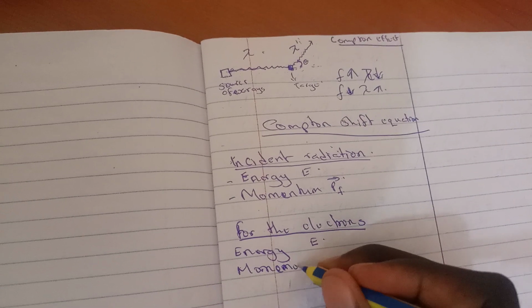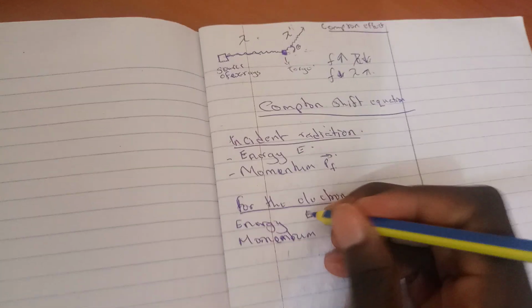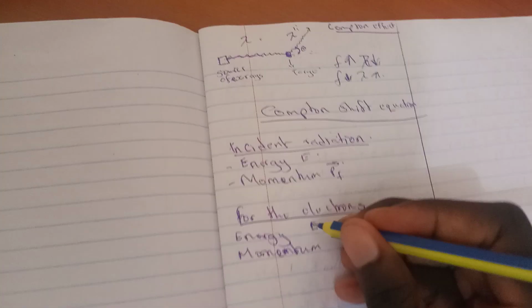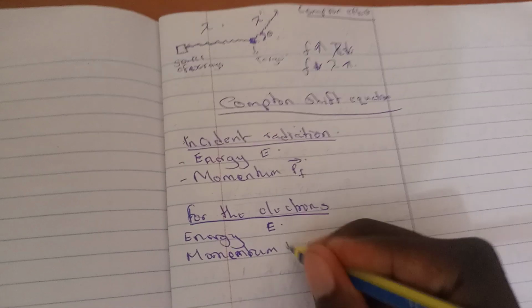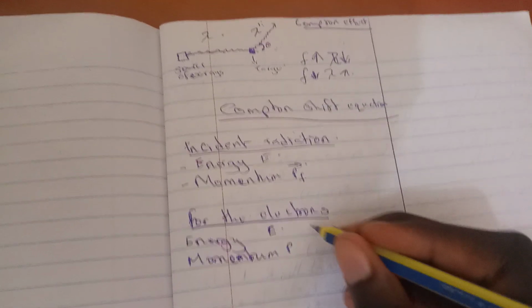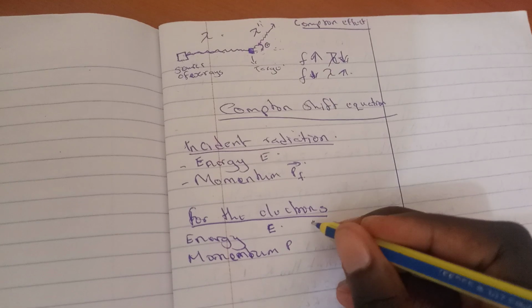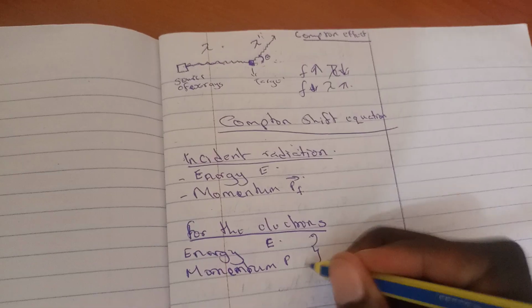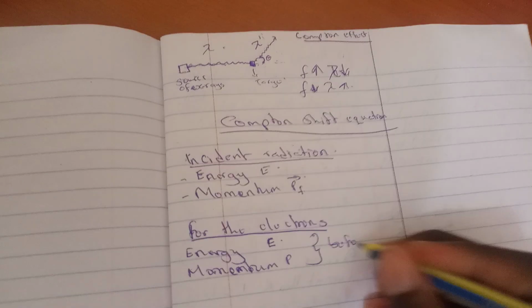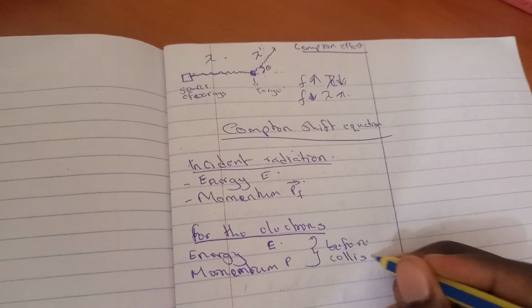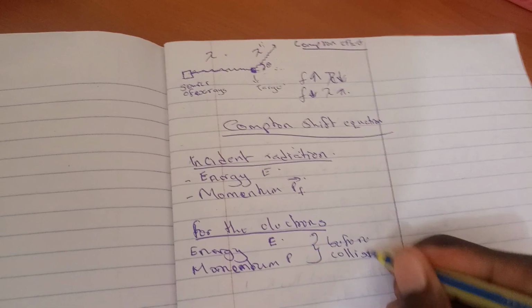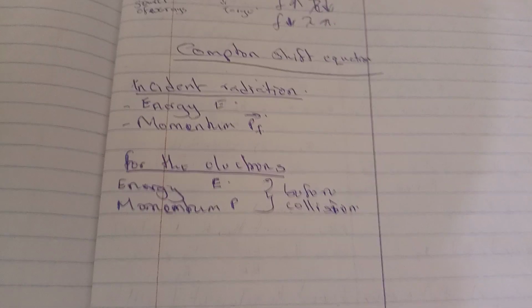Yeah, momentum. Sometimes you can read many things to the extent of forgetting even spellings. So we have momentum P. This is now before collision, before it has been hit by the X-rays.